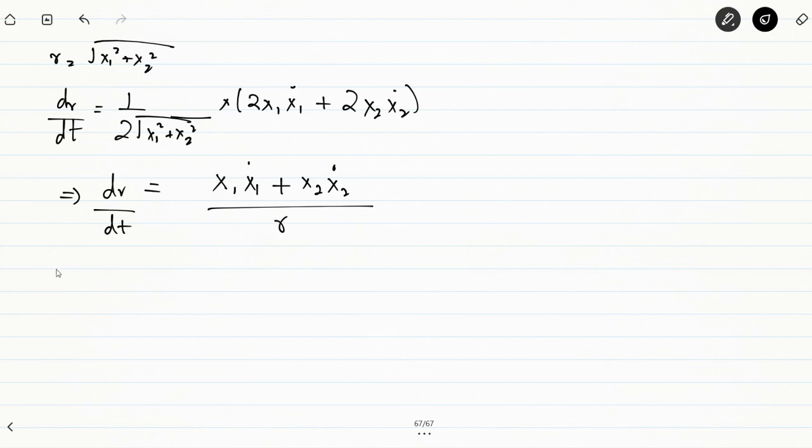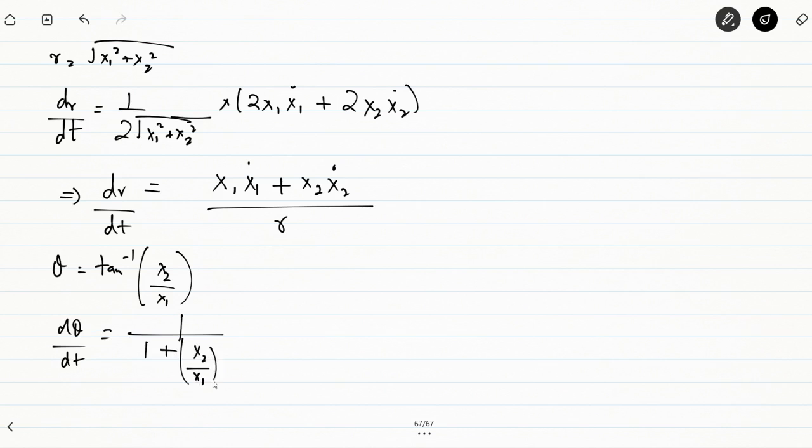Fine. Similarly, theta is tan inverse of x2 by x1. Differentiating on both sides, d theta by dt is equal to the differentiation of tan inverse, 1 divided by 1 plus x square, into the internal differentiation, that is x1 into the differentiation of x2, x2 dot, minus x2 into x1 dot.